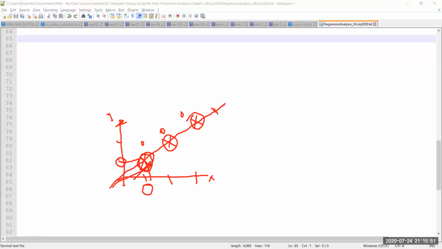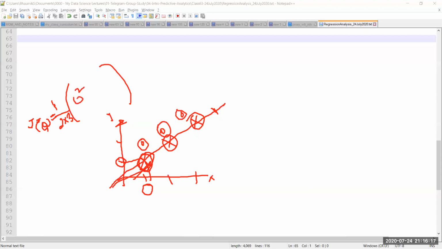If that's the case, then if you remember the formula for j of theta 0, theta 1, which is now just like j of theta 1, this formula was nothing but 1 divided by 2m. Let's say I have 3 examples. So 1 divided by 2 multiplied by 3, multiplied by the sum of all the squared differences.